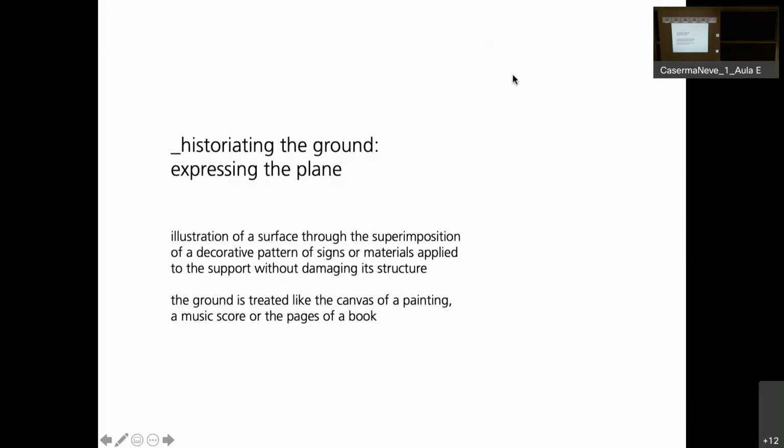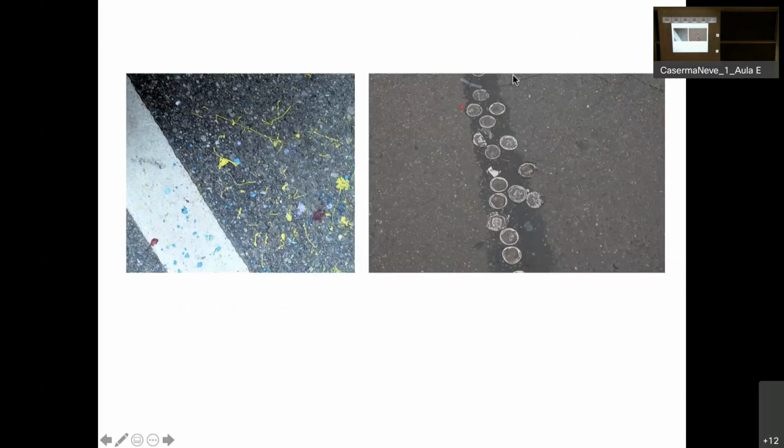Let's go to see what I mean. To express this idea a little bit more, I added some photos that can be informal, everyday examples of this attitude.